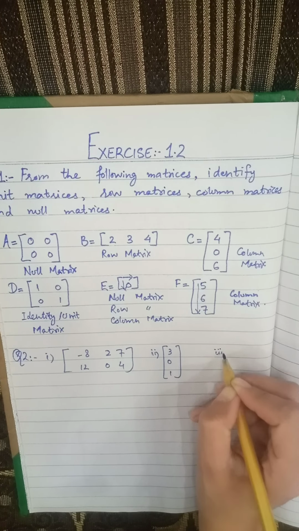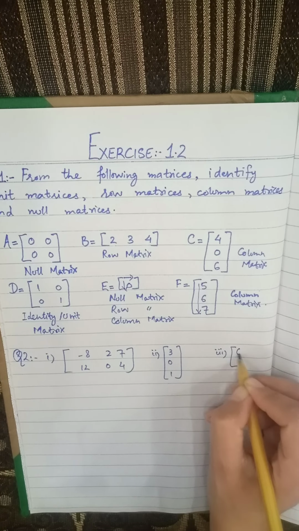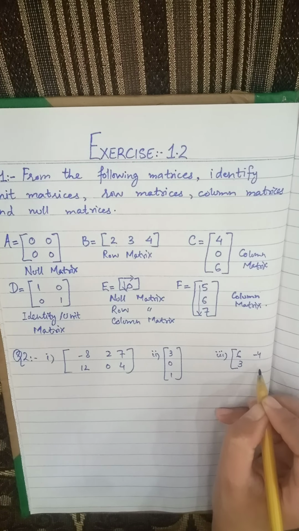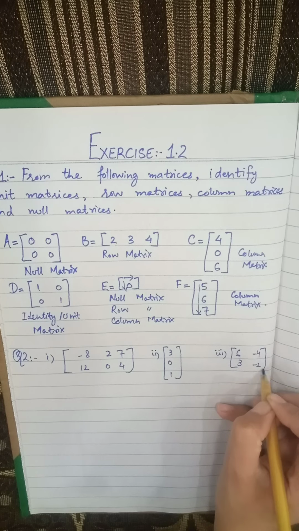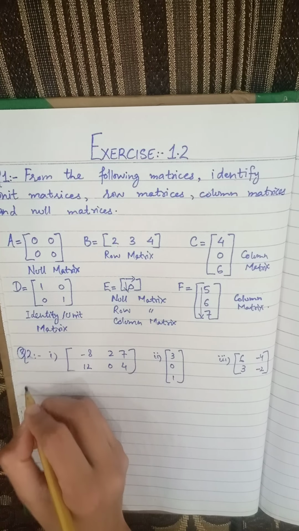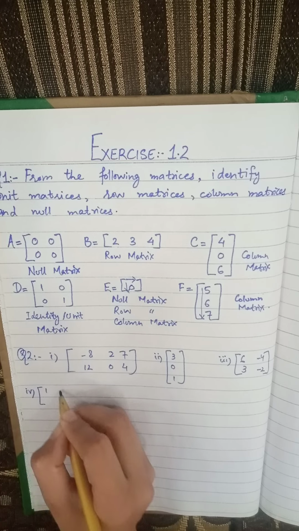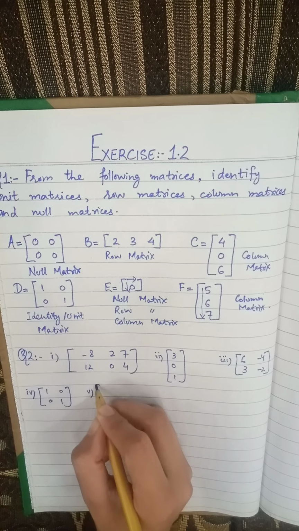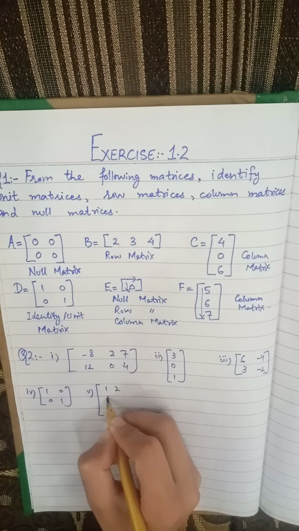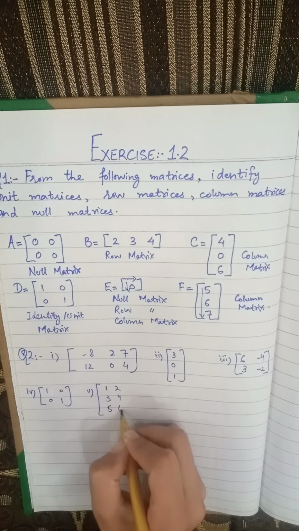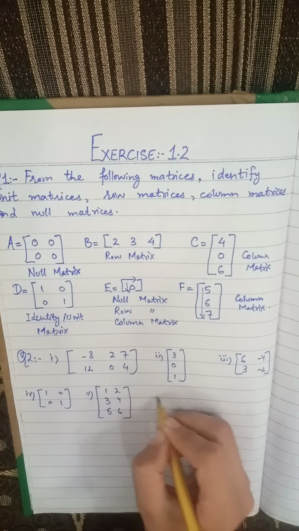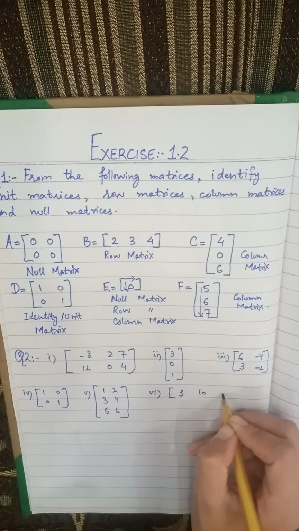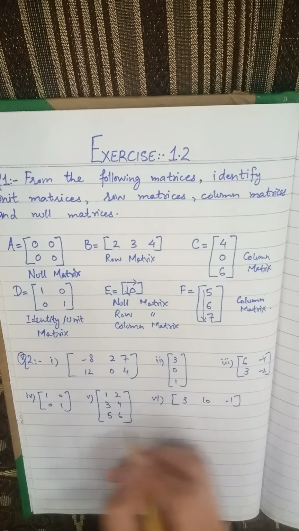The third one is 6, -4, 3 and -2. The fourth one is 1, 0, 0, 1. The fifth one is 1, 2, 3, 4, 5, 6. The sixth one is 3, 10 and -1.